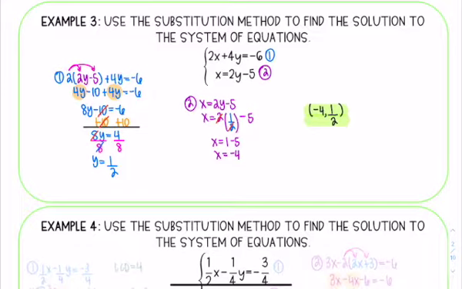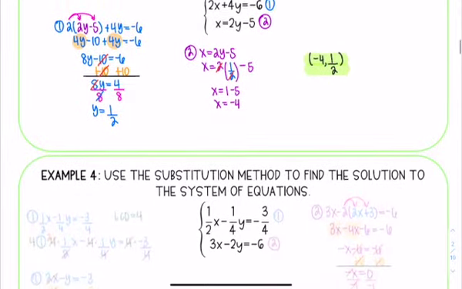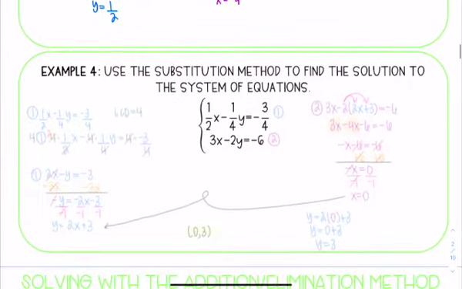Let's go ahead and try a little bit more of a complicated one. So again, I want to label my equations. And the first thing you should do is get rid of those ugly fractions in equation number 1. And so to do that, we need to find the least common denominator.